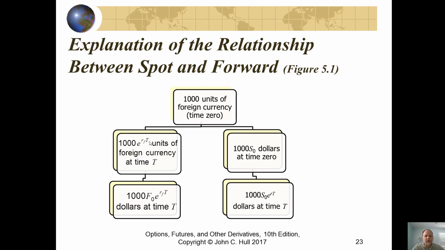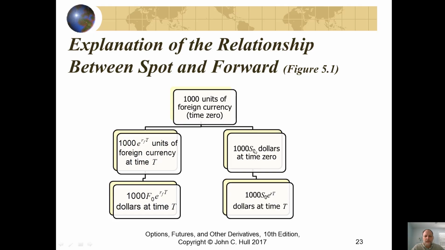And if you have signed a forward contract that expires at that time T, then at that time T, you can take that money and trade it at that forward price F0. Alternatively, at the same time you invested the money at the foreign currency's risk-free rate, you could have converted that money at the spot rate S0 into dollars and then invested that at the risk-free rate in dollars.